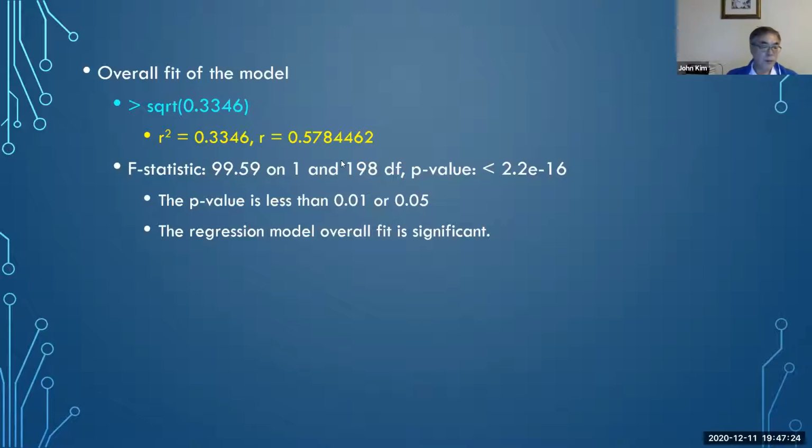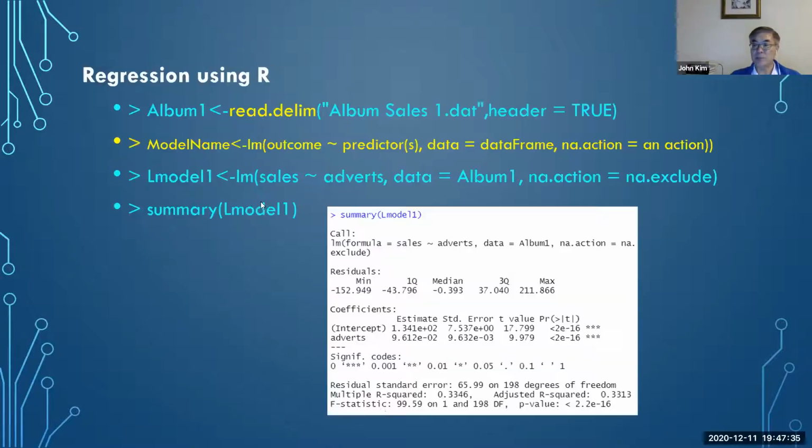And then when we do this in research methodology, I use the F-test. For this result, the F statistic is 99.59, but we don't know the critical value from here, but we can use the p-value.